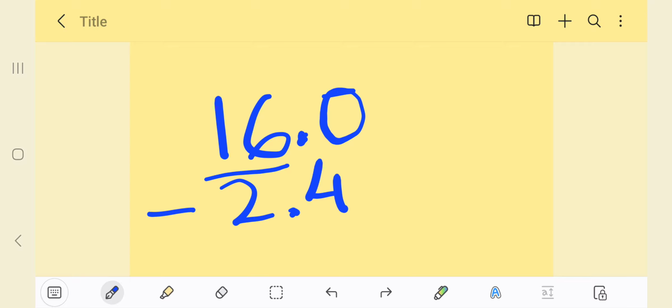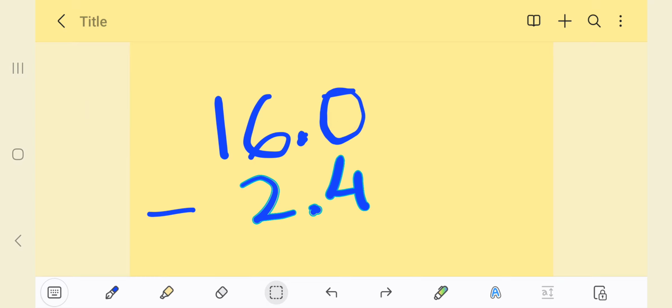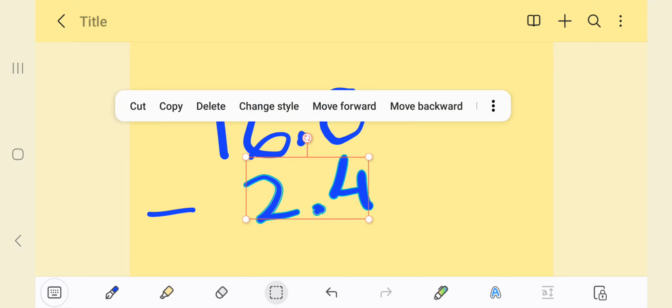So when we get this, then let's organize it nicely, one below another.